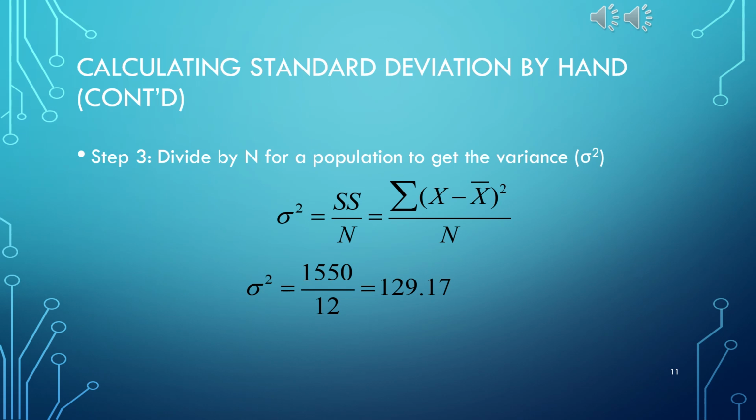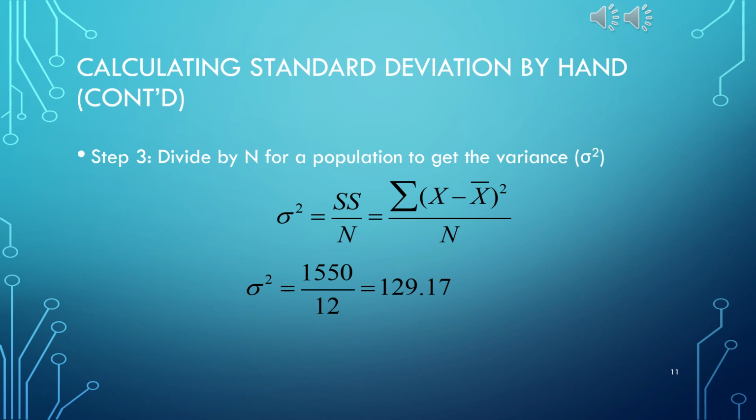I didn't make this up, so I apologize. It's a little unnecessarily confusing. So what we're trying to do is find what's called the variance, which is lowercase sigma squared. Lowercase sigma squared, that's variance. And how you find that is it is equal to the sum of squares, SS, from the previous slide, divided by the entire population, the population size.